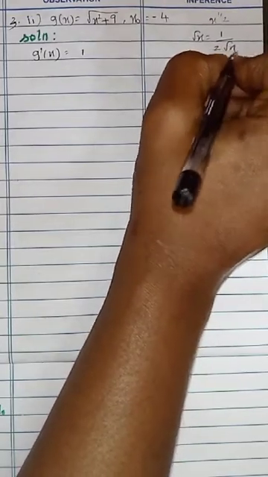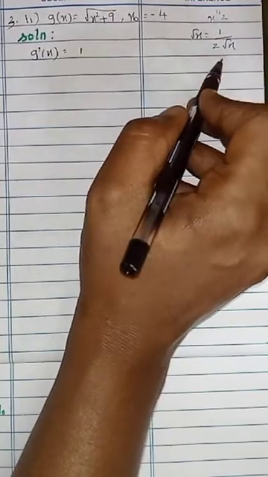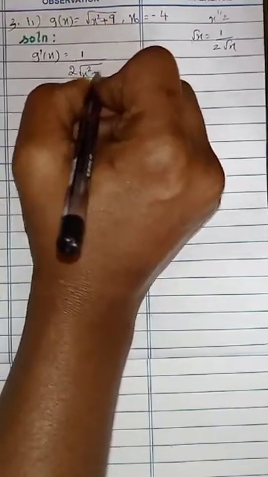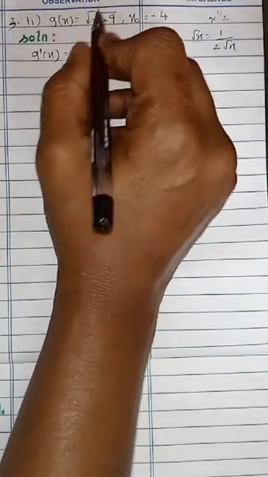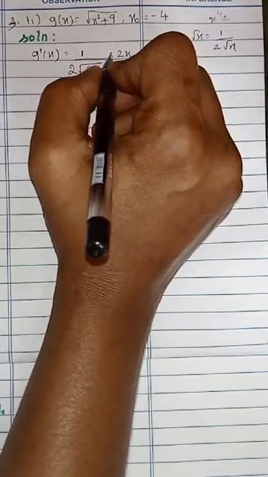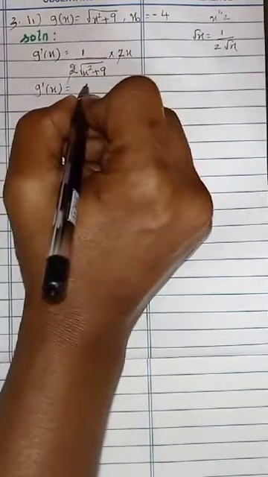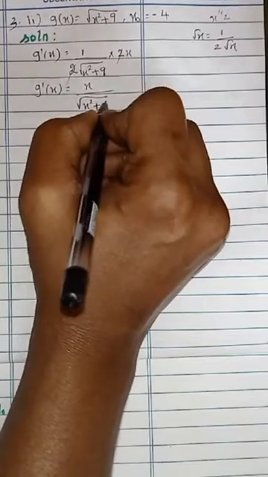So this will become 1 by 2 root of x square plus 9 into the differentiation of x square, by the chain rule, which is 2x. Now this 2 will get cancelled. So g dash of x equals x by square root of x square plus 9.